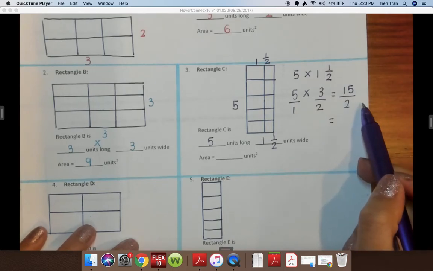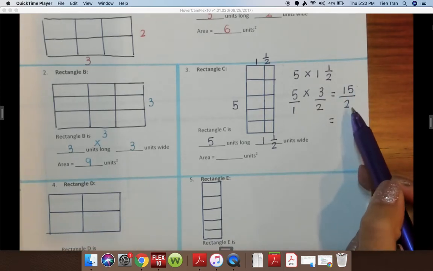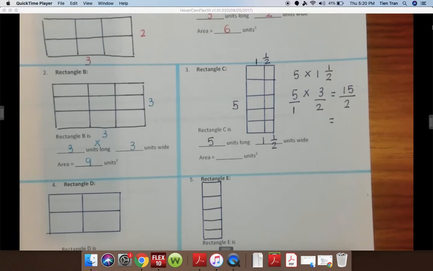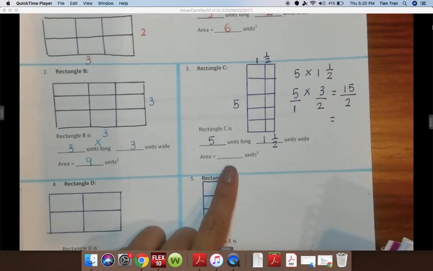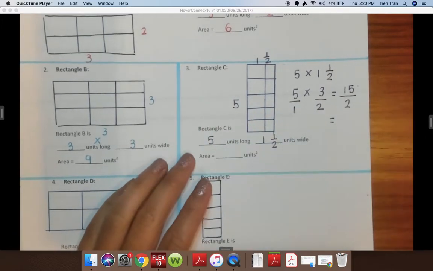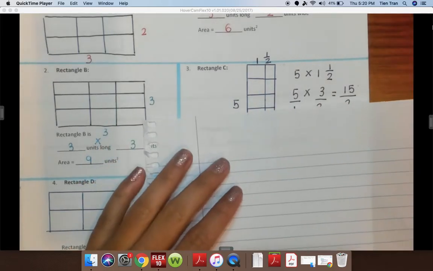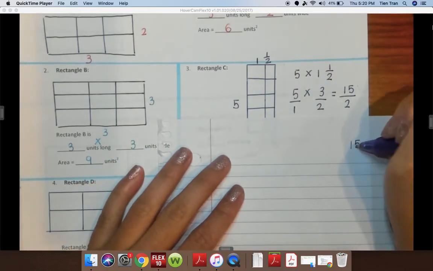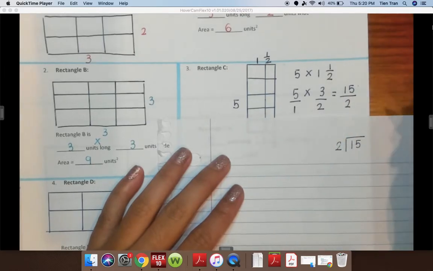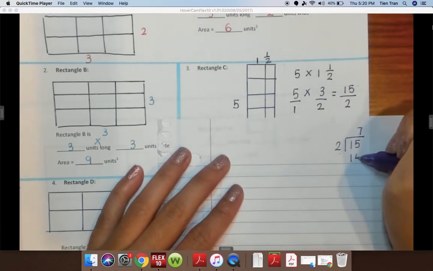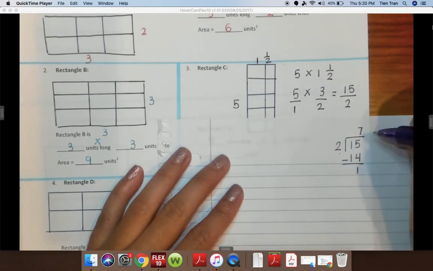Now I'm not quite done yet right here. I have 15 divided by 2. So I'm going to show you how you're going to change that back into a mixed number. So I'm going to write down right here, I have 15 divided by 2. I know that 2 can go into 15 7 times, so I'm going to subtract. 15 minus 14 is equal to 1.